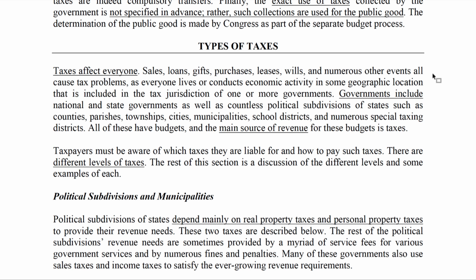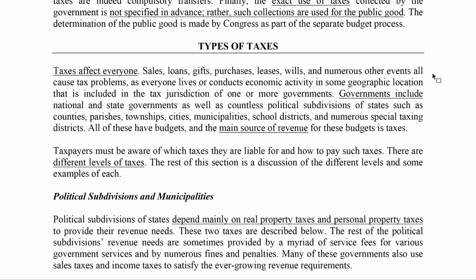Now, there are just so many different types of governments out there. There's obviously the federal government. There are state governments. There are municipalities. There are townships, parishes, school board districts, water districts, water management districts. There's so much more in terms of what exactly is a jurisdiction for tax purposes for raising revenue. Special districts.